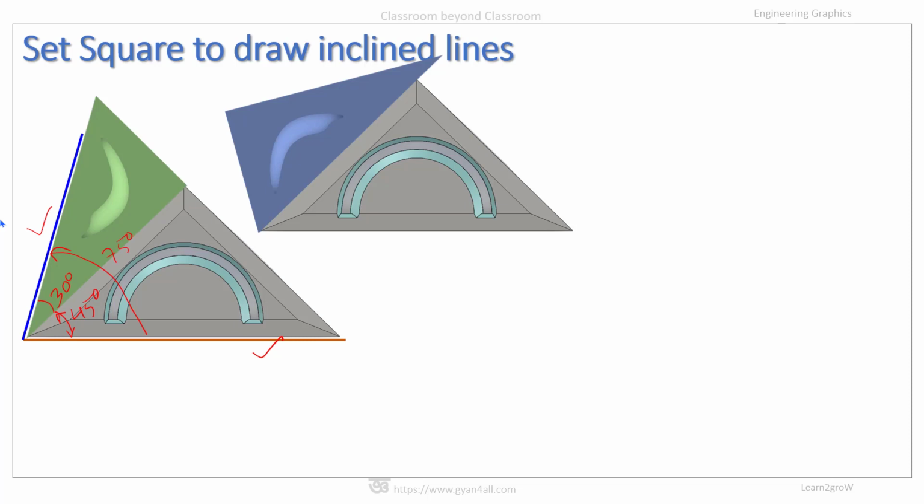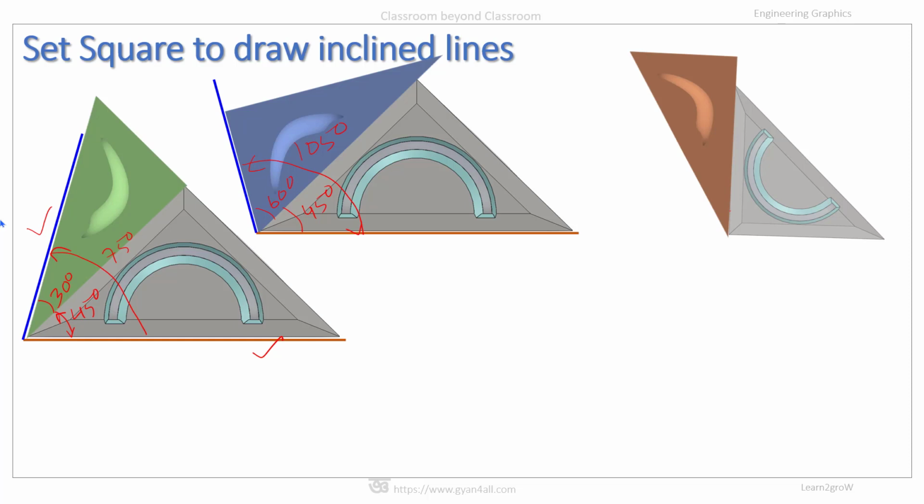Similarly, if we want to draw a line at an angle of 105 degree, then this angle is 45 degree and this angle is 60 degree. So in total this angle will be equal to 105 degree. Say this angle is 90 degree and this angle is 30 degree.